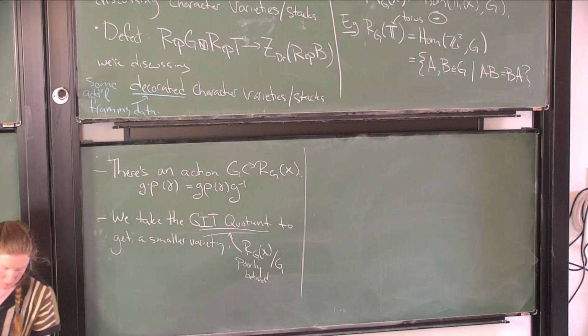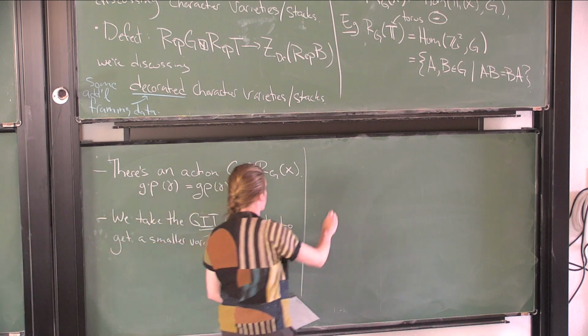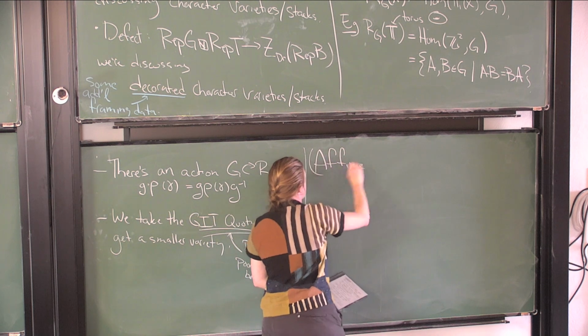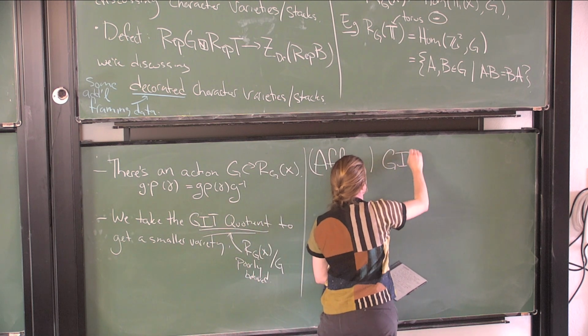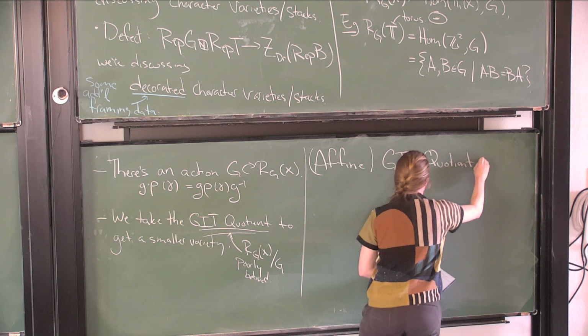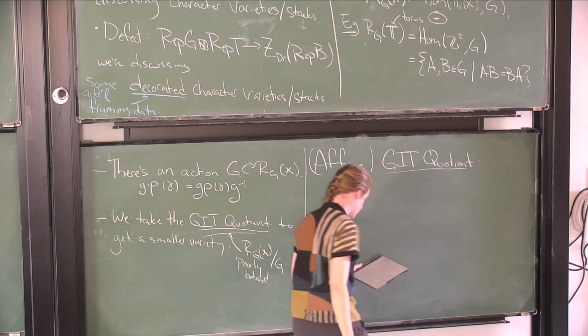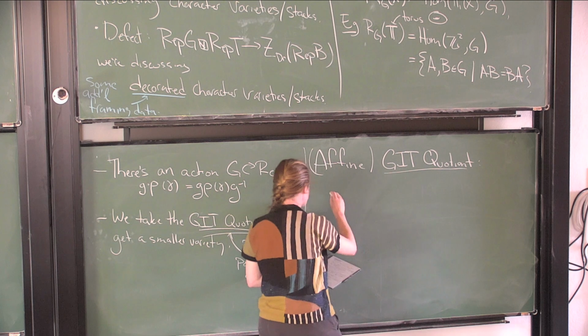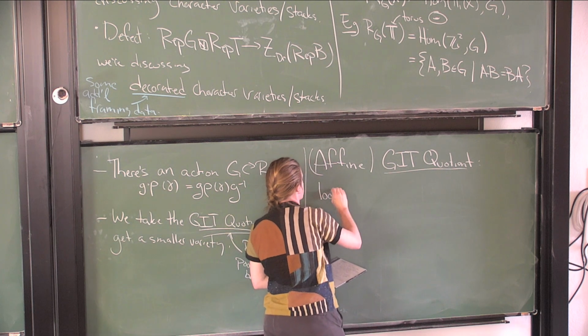So what we are going to do is we'll take the GIT quotient and I'll define it for you in just the affine case. What does it look like? So what we're going to do is we're going to look at the ring of functions.